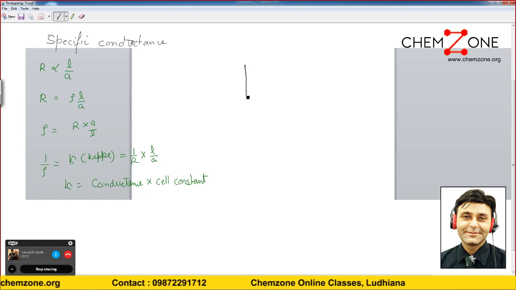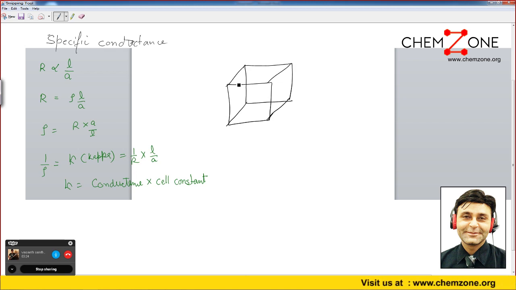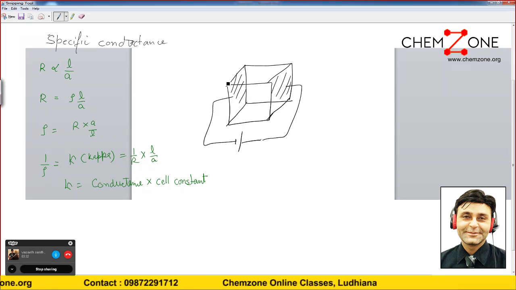Suppose we have a beaker and these are the two electrodes, connected with a battery, and inside we have an electrolyte, meaning electrolytic ions are there.